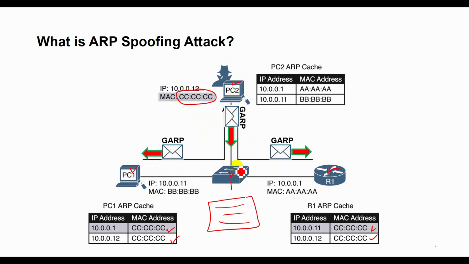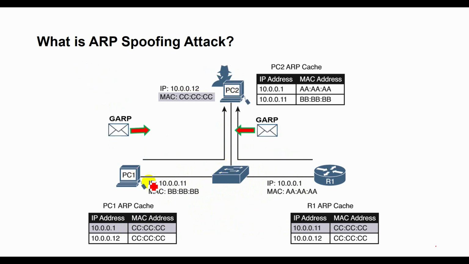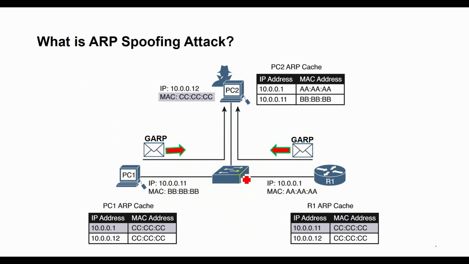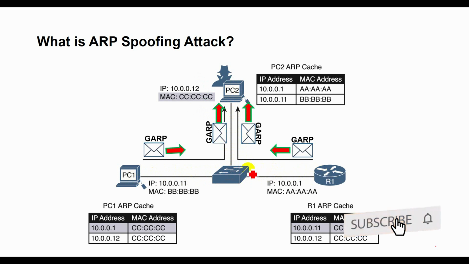The threat actor has poisoned the ARP caches of all devices on the subnet. ARP poisoning leads to various man-in-the-middle attacks, posing a serious security threat to the network. All traffic, from Router 1 and PC 1 both, will now flow through the attacker's machine instead of to each other. The attacker is now secretly in the middle of all communications and can use ARP spoofing to alter or block all traffic between devices on the network.